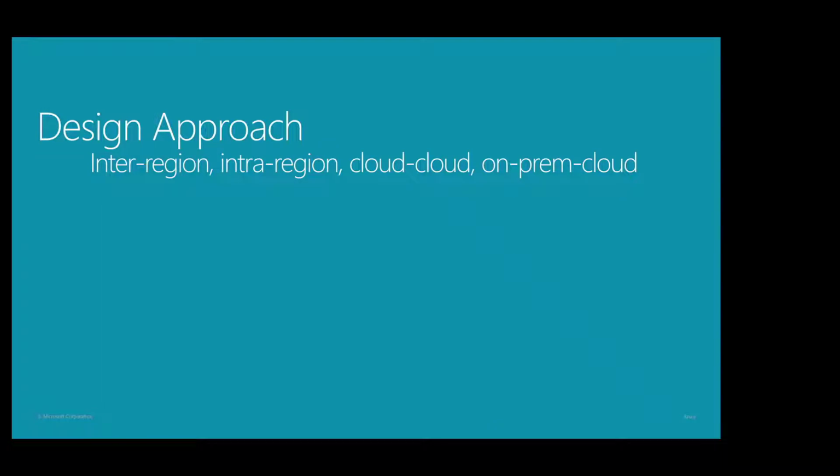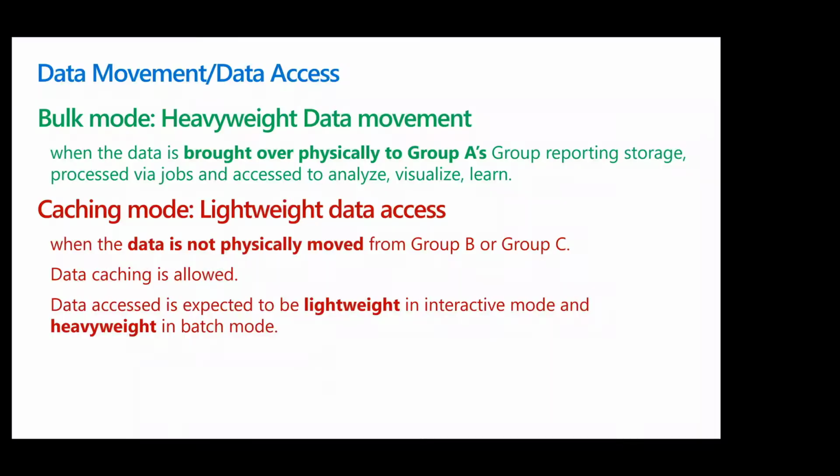So if you look at group A, B, and C, we have inter-region, intra-region, cloud to cloud, on-prem to cloud interaction. So we will have to address all these different permutations and combinations of data movement with Synapse.